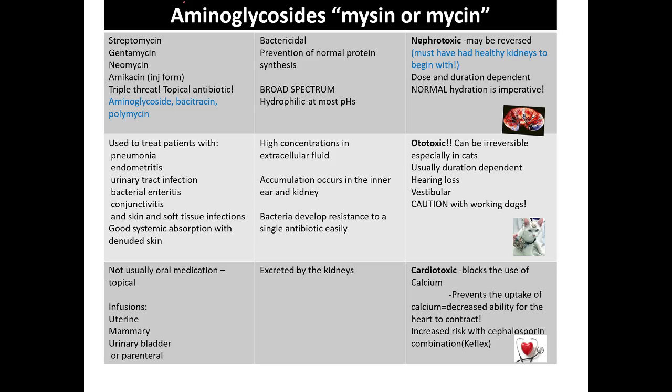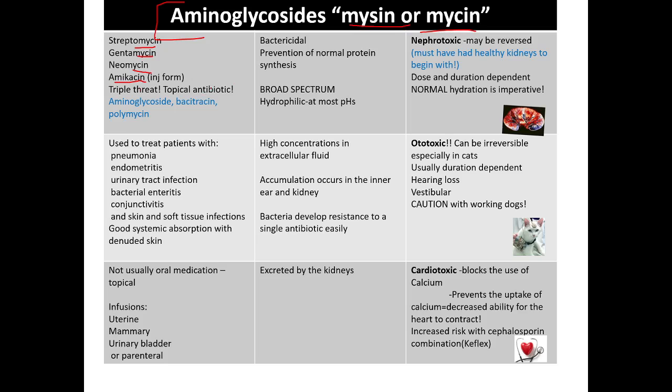Our next group are aminoglycosides. These end in mycin or micin. So streptomycin, gentamicin, neomycin, amikacin, okay, that's a little different, which is the injectable form.